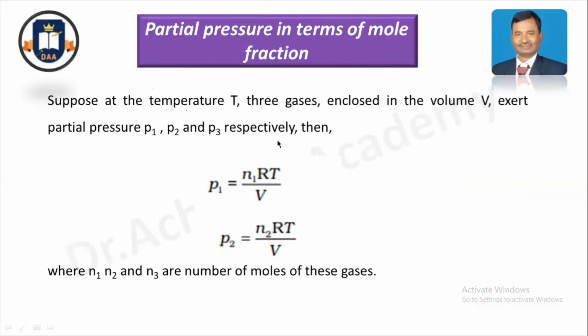Then as per the ideal gas law, which I already discussed in the previous class, P1 is equal to n1RT by V, and similarly P2 is equal to n2RT by V. And n1, n2, and in the next n3 also will come, are the numbers of moles of these gases.